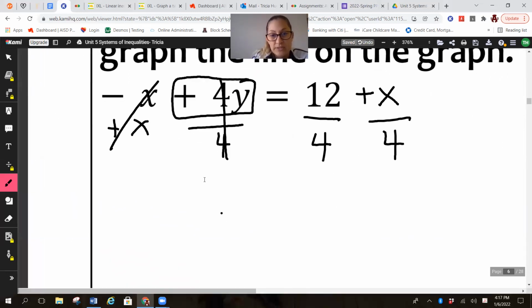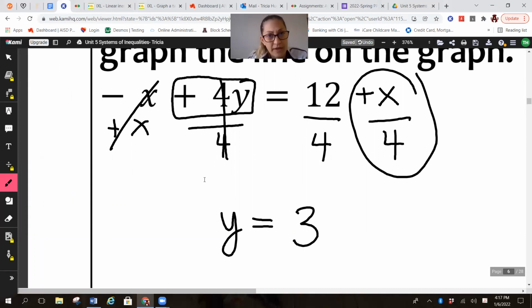Now with this being said, we know that 12 divided by 4 is 3. Now this is the weird thing. What number is being divided by 4? Remember, there's an invisible 1 in front of the x. So I can rewrite that as a positive 1/4, then place the x next to the 1/4.